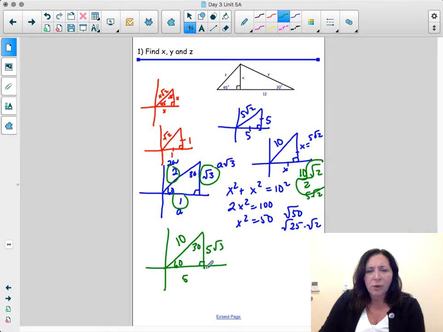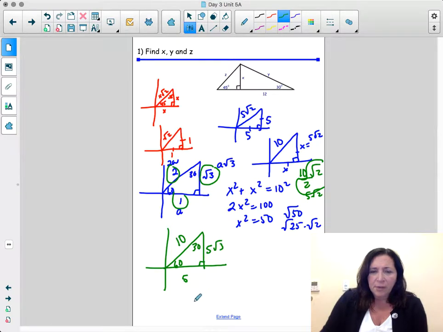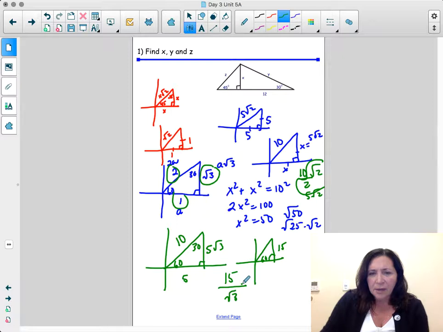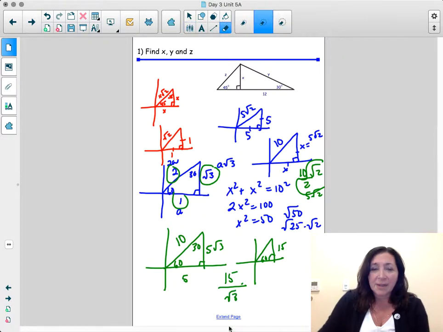What if, instead of them giving me a really nice number, instead of 5 root 3, let's say I got 15? Well, you would work backwards. The rule would be to take 15, divide by root 3, and then, let me do that again.